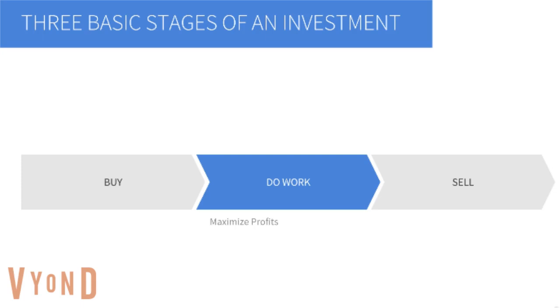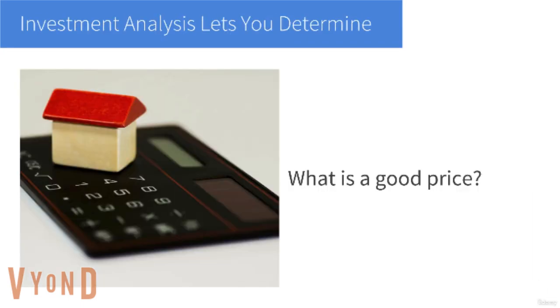Now, the second part is where we do some work. This is where you try to maximize the potential profits as much as possible. Right. So you might have purchased it at a good value, at a good price. But if, say, you do the wrong kind of rehab, you spend money on making repairs or developing amenities that are not needed, not demanded by the tenants in that market, then you're going to waste money and you're not going to maximize profits.